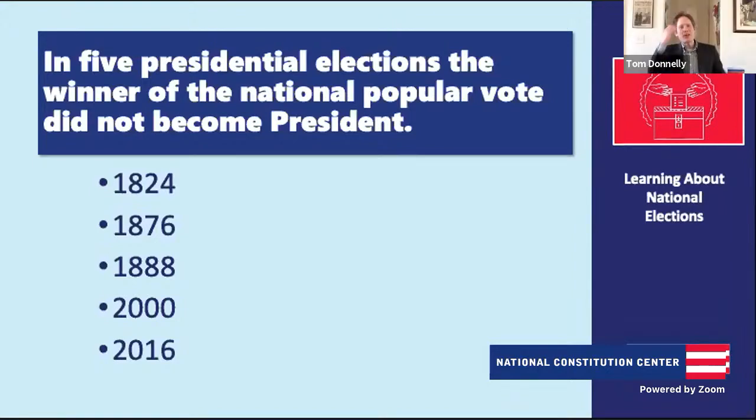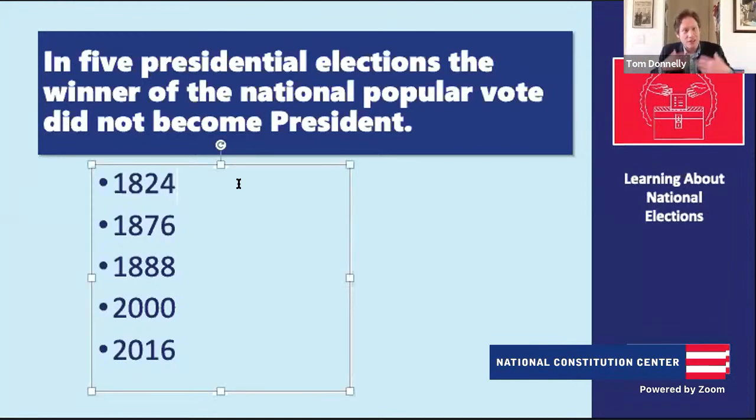Yeah, absolutely. So there are 5 presidential elections where we have a winner of the popular vote not become president. In 1824, it's John Quincy Adams and Andrew Jackson. Andrew Jackson gets the most popular votes, but John Quincy Adams ends up becoming president. The election goes to the House of Representatives because no one gets a majority of the votes in the Electoral College, so John Quincy Adams wins.